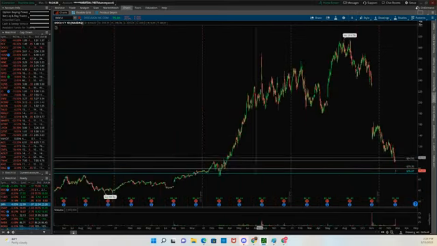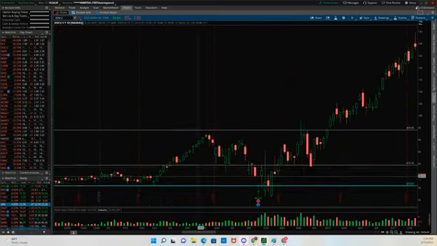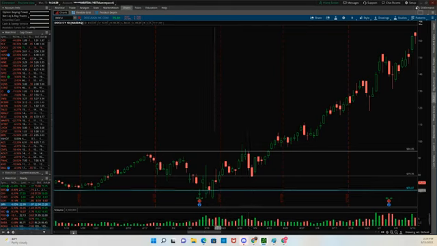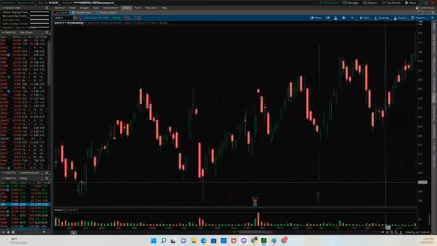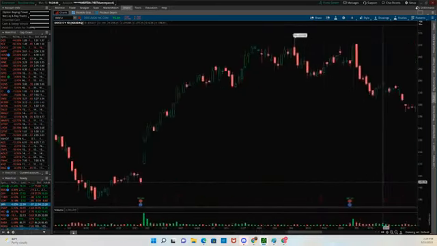If you want to go with something shorter, right, off that blue trigger break that we had, then you'll want to go with the first wick, which looks like 73.31 is your target. So that's that.